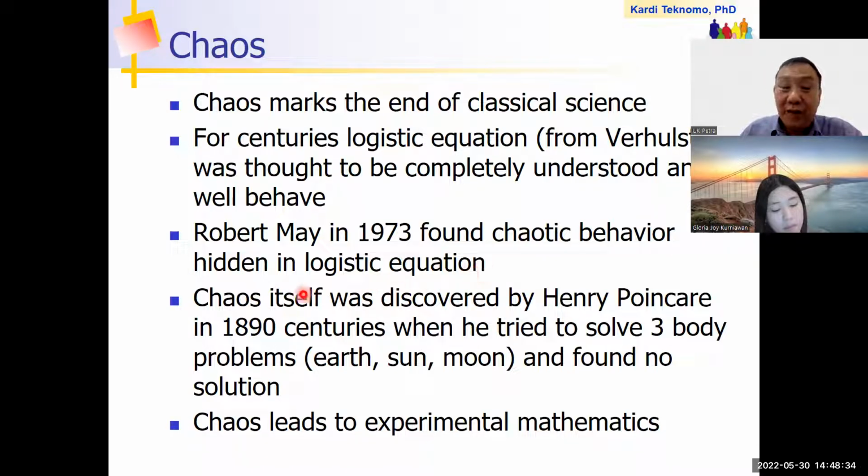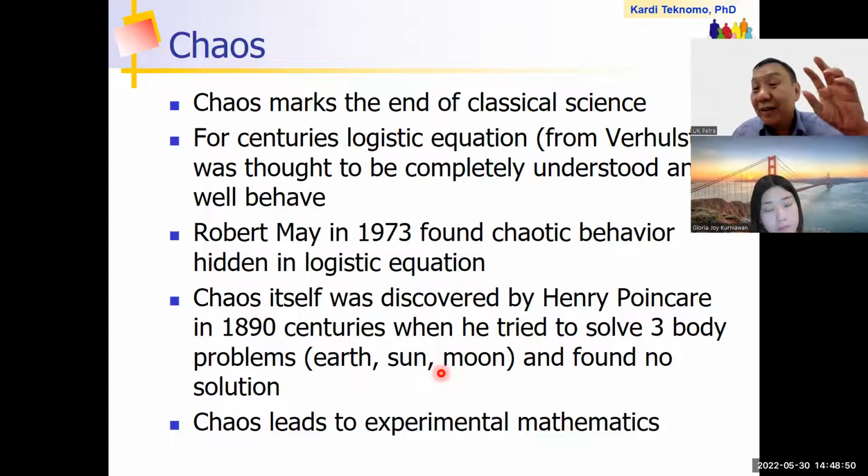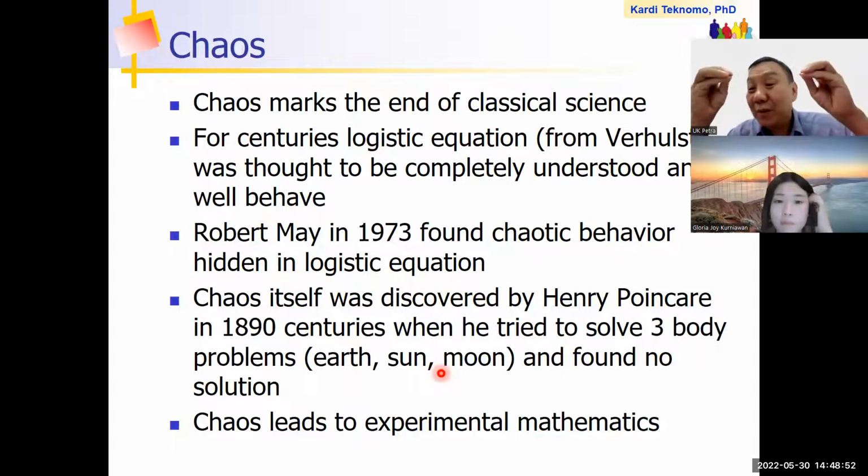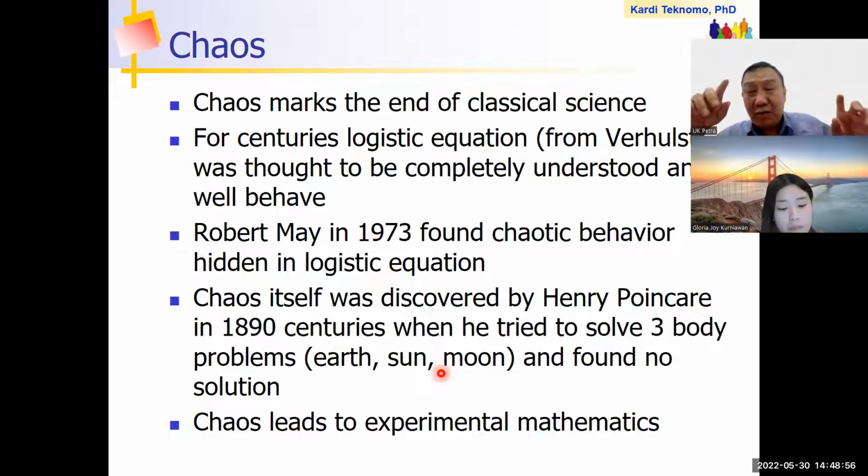In fact, chaos itself had been discovered by a very well-known mathematician called Henri Poincaré in 1893. He tried to solve the three-body problem. Remember, the two-body problem was solved by Newton, right? Newton's gravitational problem, if you have the moon, and so the Newton gravitational equation, that is the two-body problem.